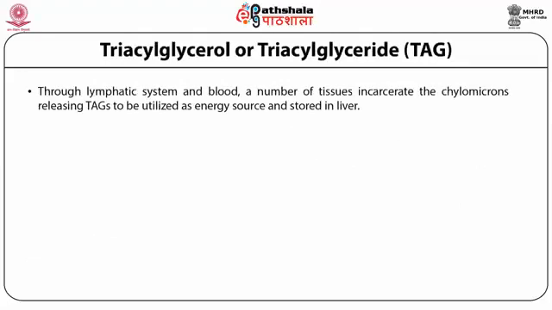Through the lymphatic system and blood, a number of tissues take up the chylomicrons, releasing the triacylglycerols or triglycerides to be utilized as energy source and stored in the liver.